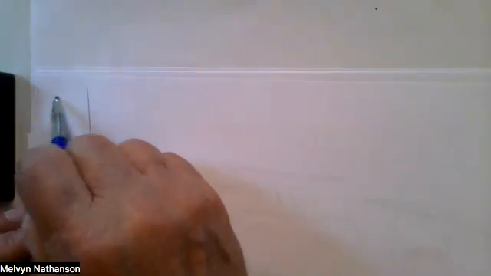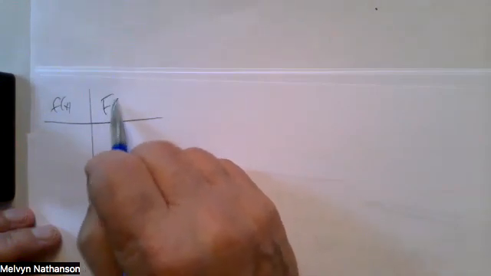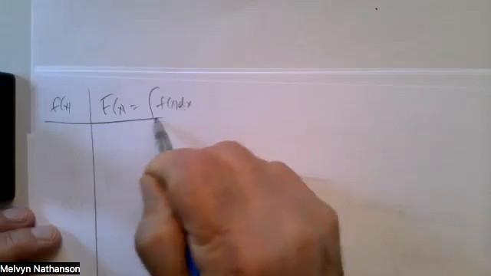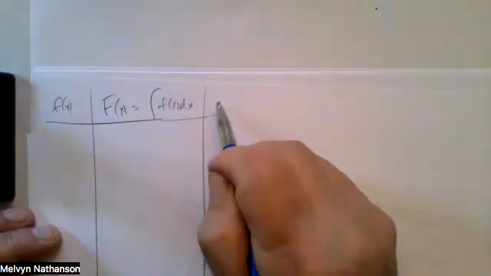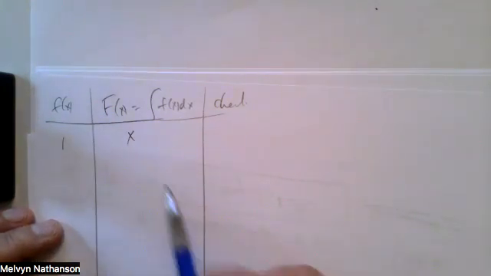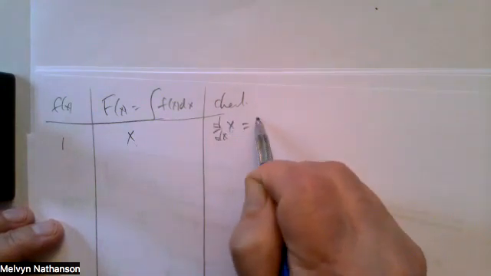So just as a warm up, let's make a table. Suppose I have a function f of x. I want to find the antiderivative of f of x, and then here I want to check. So for example, if the function f of x is 1, the antiderivative is x, because the derivative with respect to x is 1.